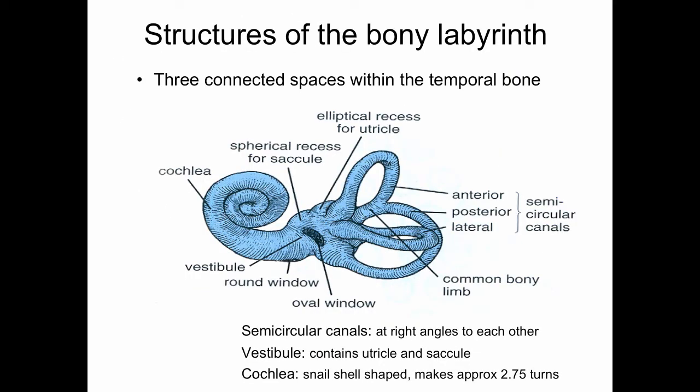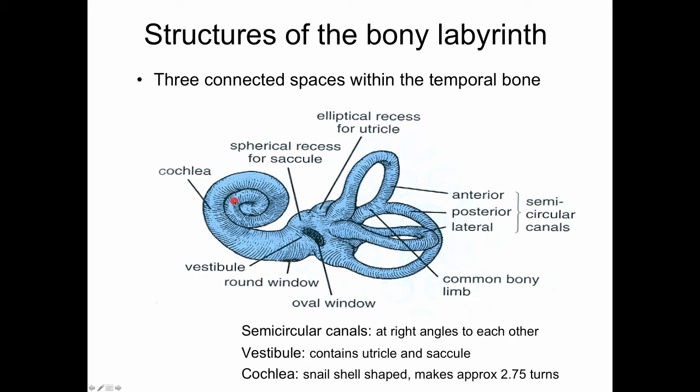So the structures of the bony labyrinth, there are three connected spaces within the temporal bone. There's the semicircular canals that are at right angles to each other. So there's an anterior, a posterior, and a lateral semicircular canal. There's the vestibule within the middle of these structures that contains the utricle and the saccule.